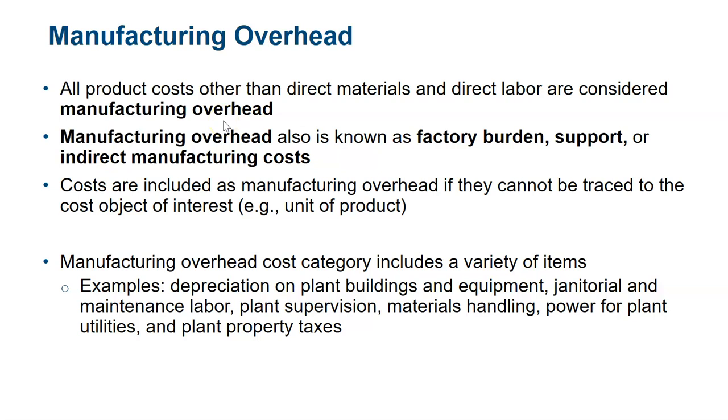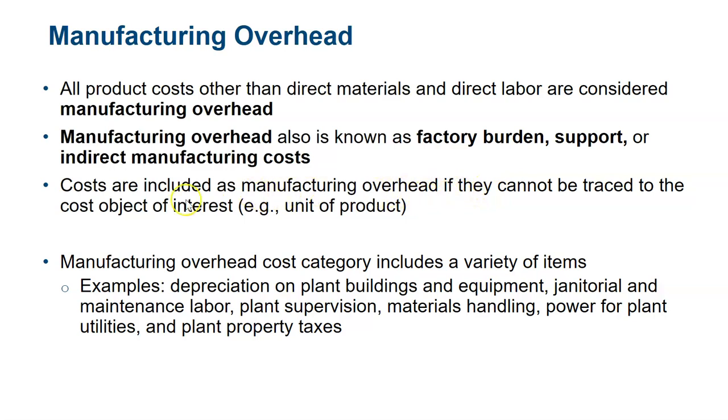We've got some synonyms here. Manufacturing overhead, also known as factory overhead, factory burden, support, etc. So anything that is considered manufacturing overhead is a product cost other than those that can be easily traced.